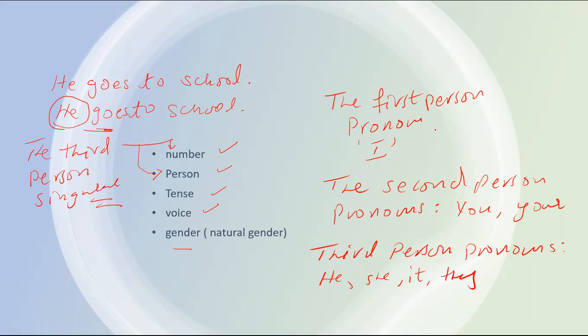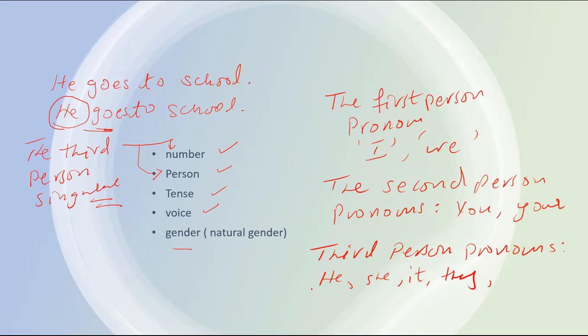Over here we can have I, we, right? They. So he, she, it, they. They all are third person pronouns.